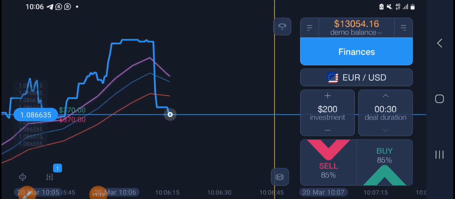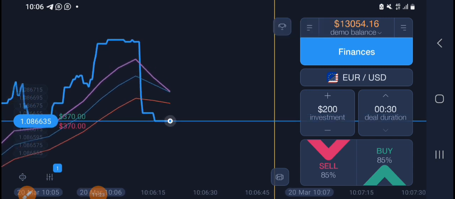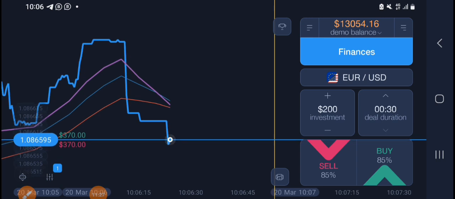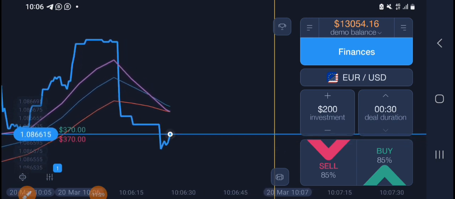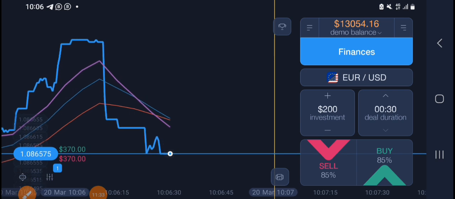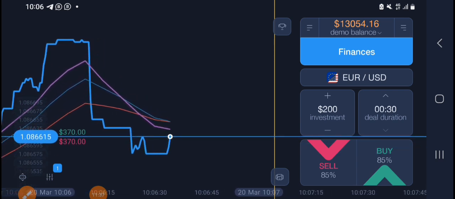This is the strategy I normally use. As you can see, it has gone to 13,000. So this is the way I trade in this very place. So we're going to place more trade. Just watch me and see.